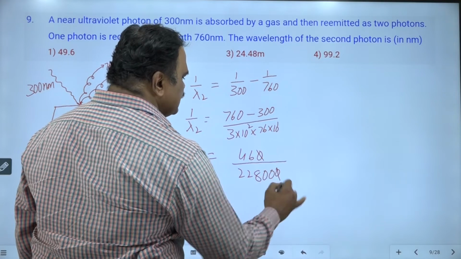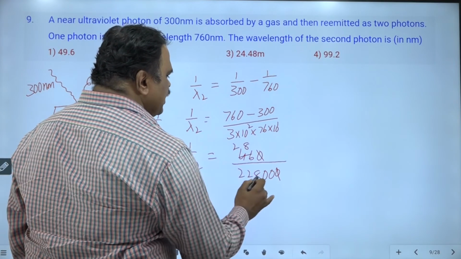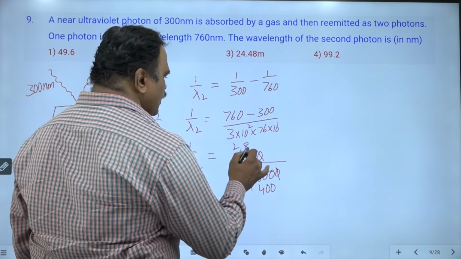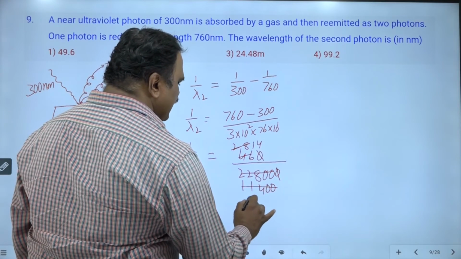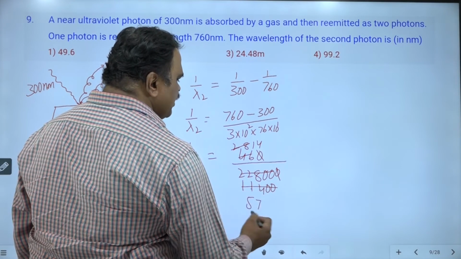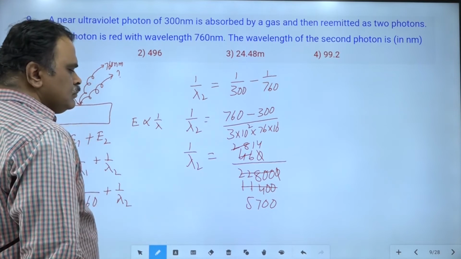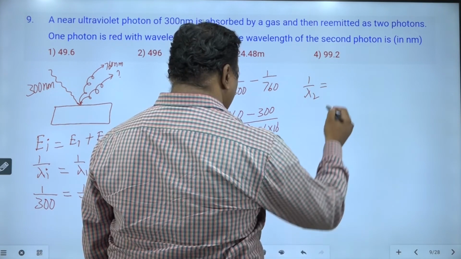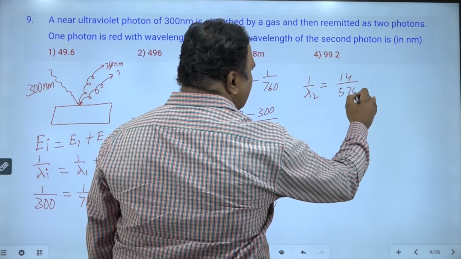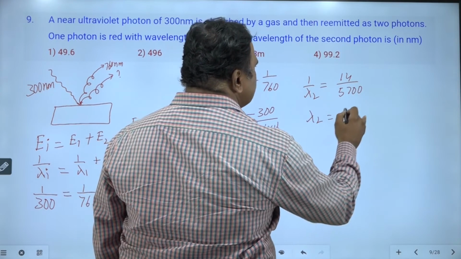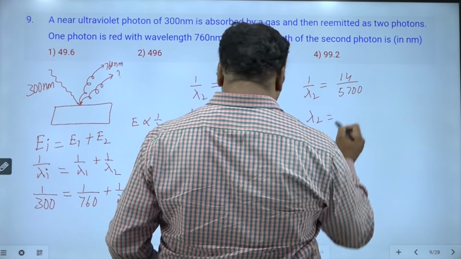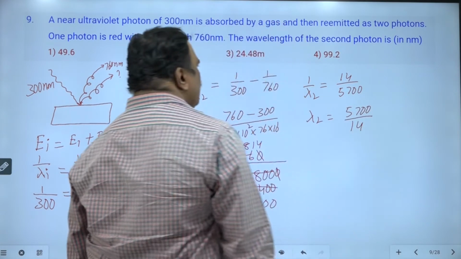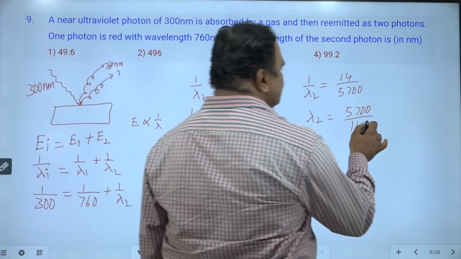Cancelling, we get 14 by 5700. So 1 by lambda 2 is equal to 14 by 5700, whereas lambda 2 is equal to 5700 divided by 14. 14 4s are 56.